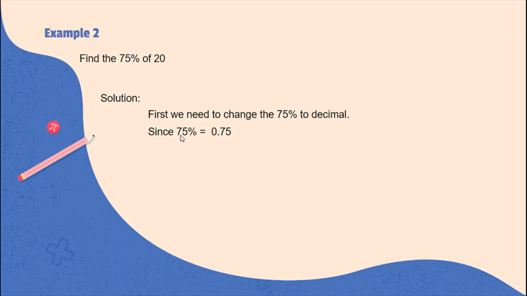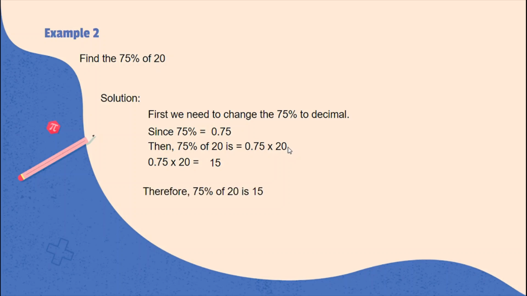Our answer is 0.75. Then we multiply 0.75 by 20. So 0.75 times 20, the answer is 15. Therefore, the 75% of 20 is 15.